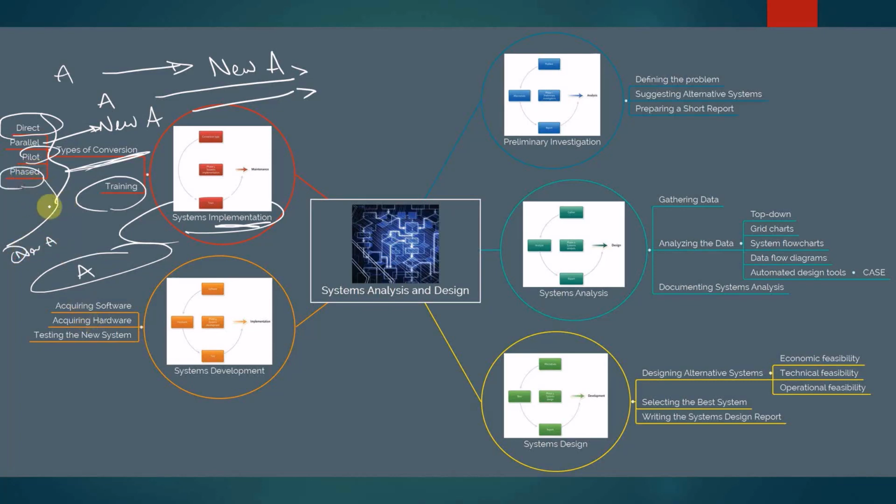Or of course, lastly, you can phase it in, into like departments at a time. The pilot and the phase typically are the more popular ones to do, with parallel being very expensive.